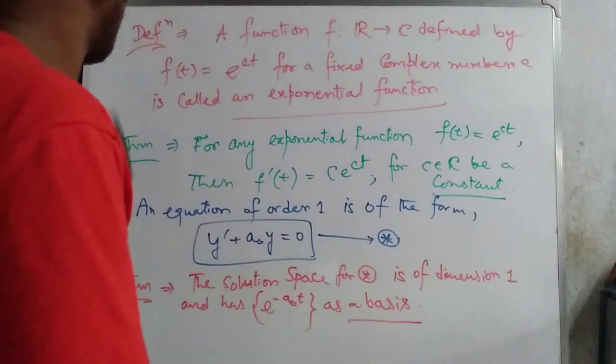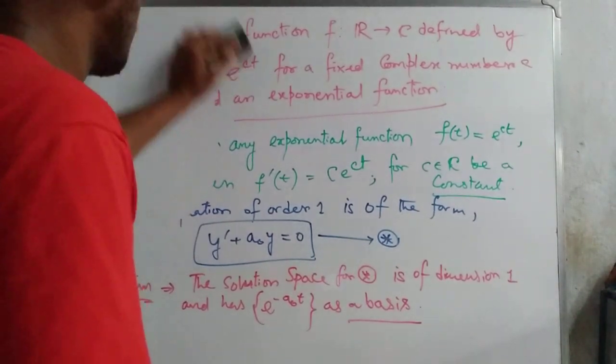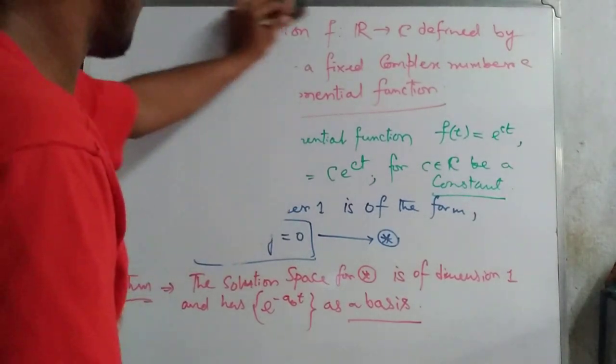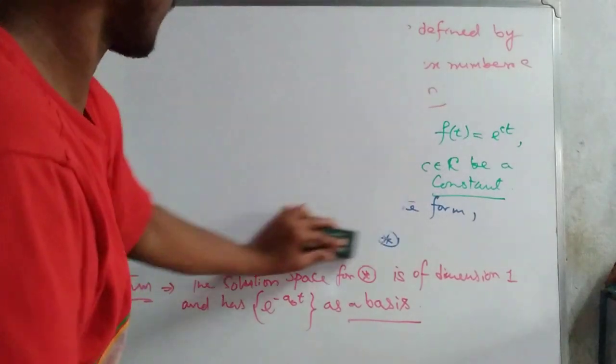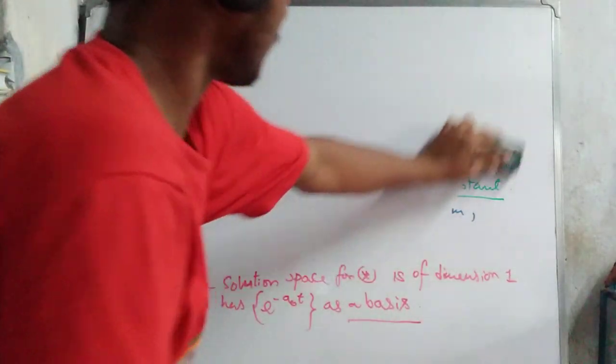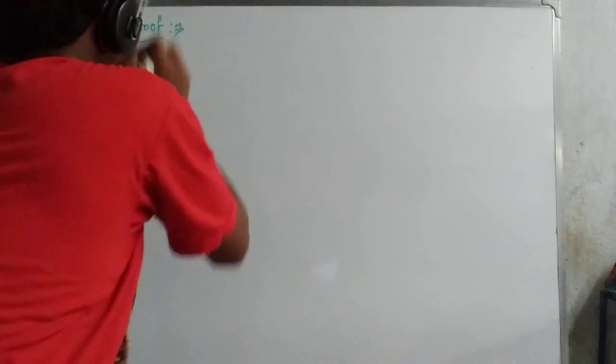We erase our portion and go into some discussion about the proof related to this topic. We write here proof and then go on to further discussion.